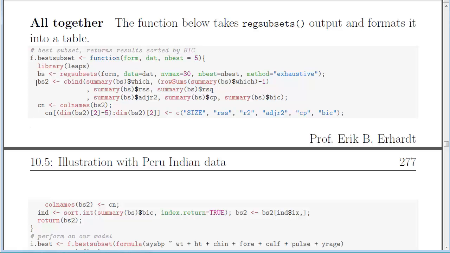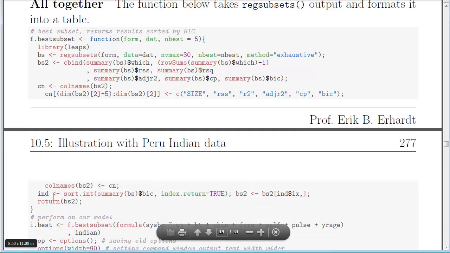And we'll put all that into BS2, and we'll make sure that we have the appropriate column names on there, and then I muck around a little bit to make sure I label the columns appropriately, and then I sort the models by the best BIC value. Had to pick something, just decided to pick that one.